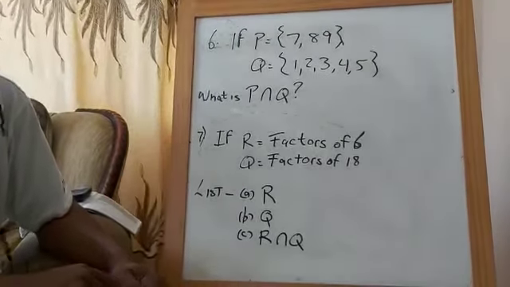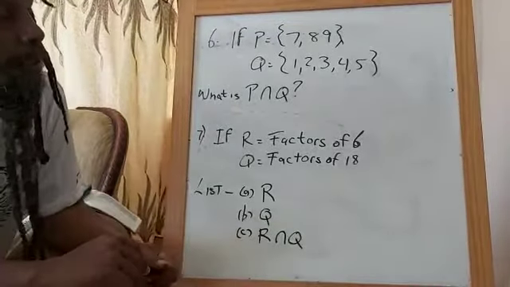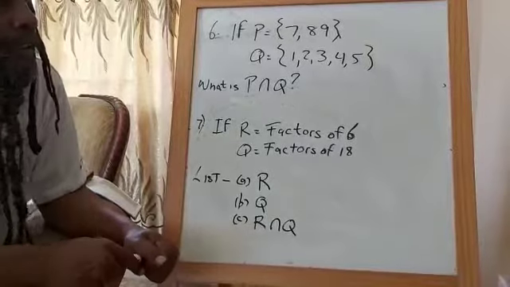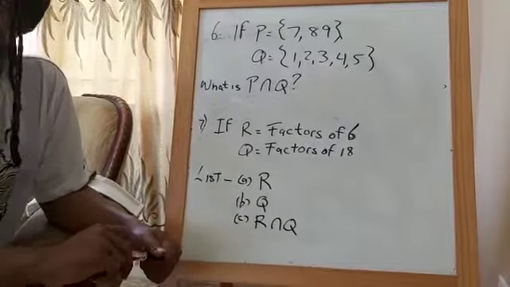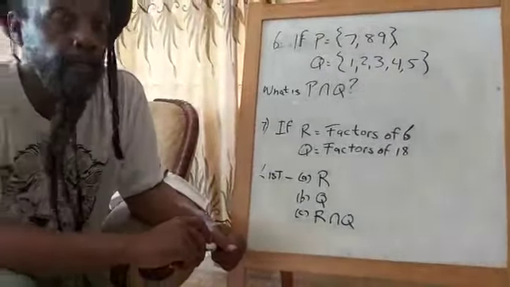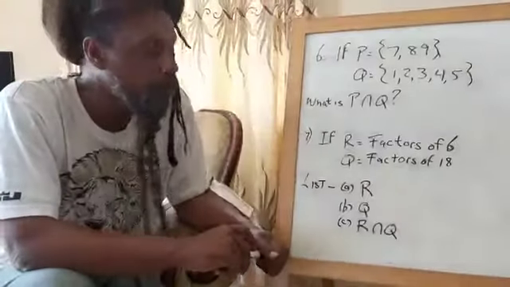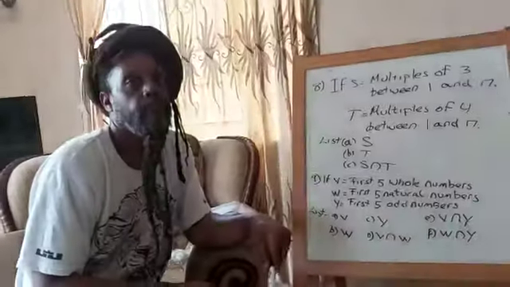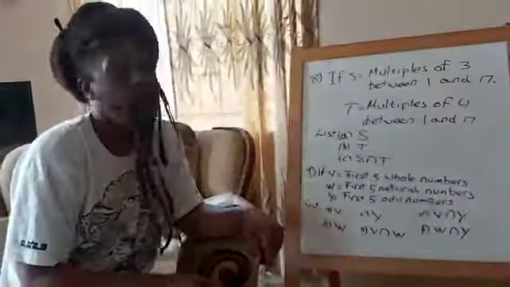Number 7. If R is equal to the factors of 6 and Q is equal to the factors of 18, list for me: A, R, B, Q, C, R intersect Q. Alright, question 8.